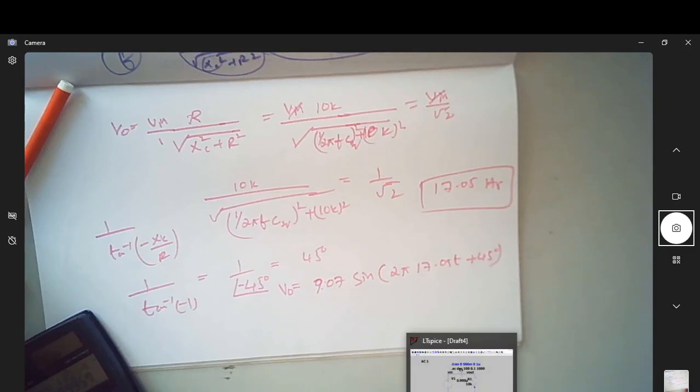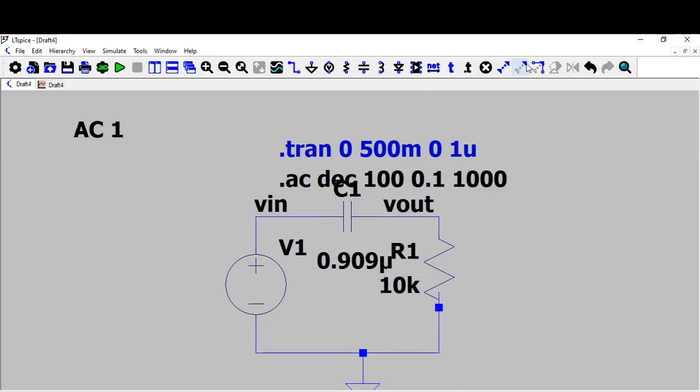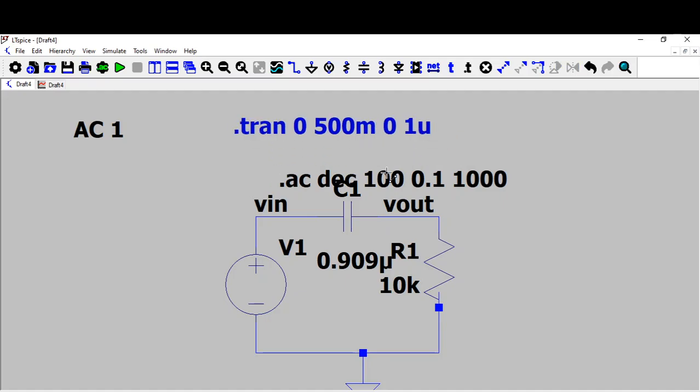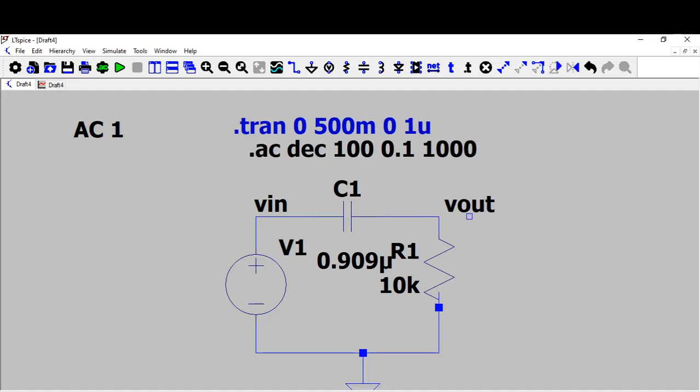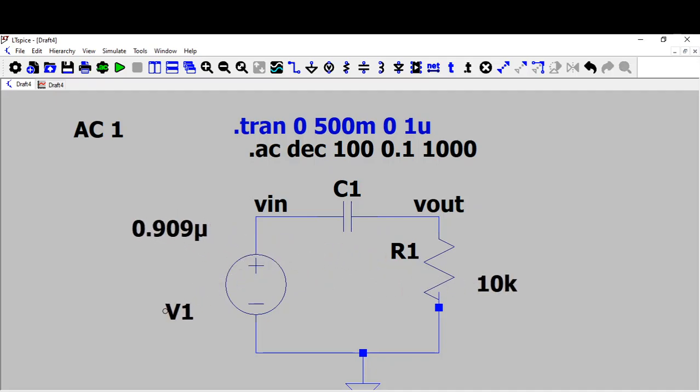That we can see here now. Let me just put them apart so that you can see them properly. This is the output, and you can see this is the C value, this is the R value. If it is confusing, let me just put this here. Now I'm running from 0.1 hertz to 1000 hertz.